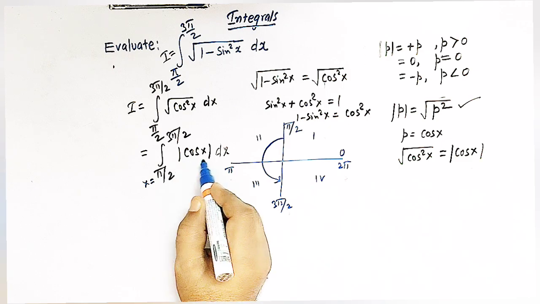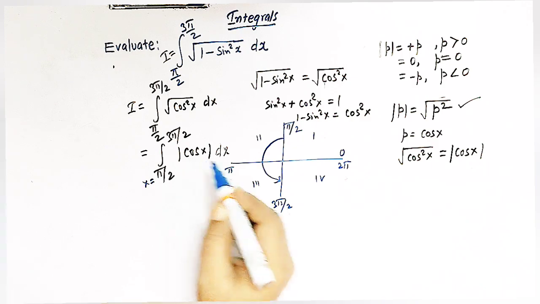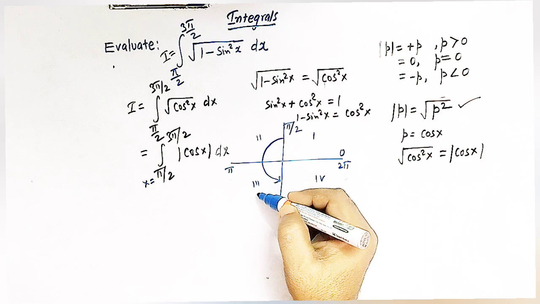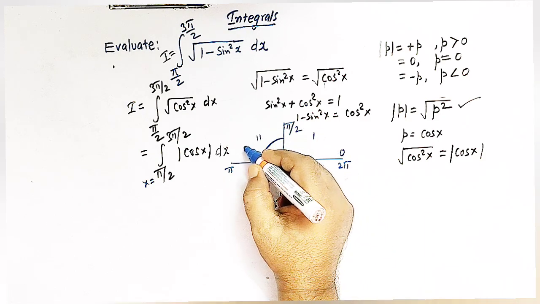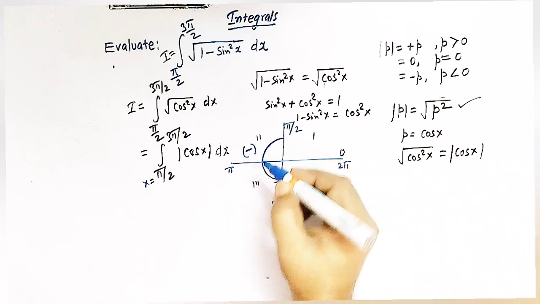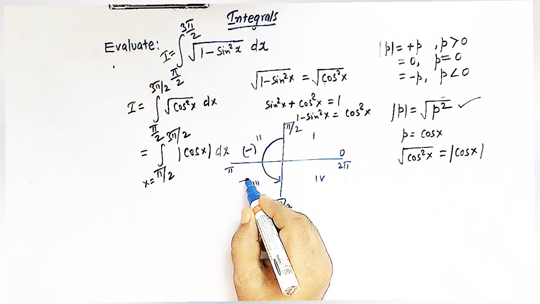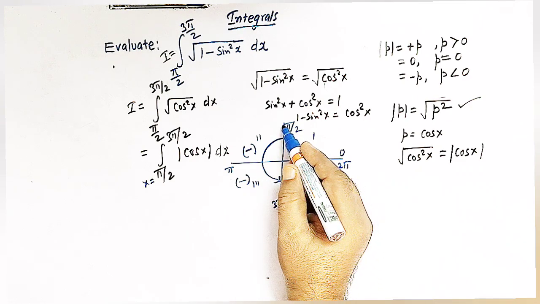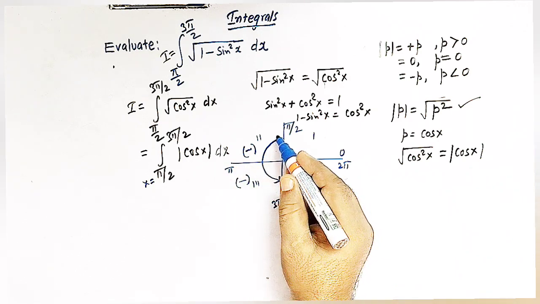Now here we have the absolute value of cosine function. So let us see the sign convention for cosine function in these two quadrants, that is the second quadrant and the third quadrant. In the second quadrant the cosine function is negative, and in the third quadrant also, the cosine function is negative, right? So when we go from pi by 2 to 3 pi by 2, the cosine function is negative.